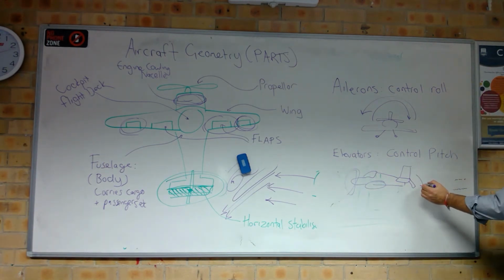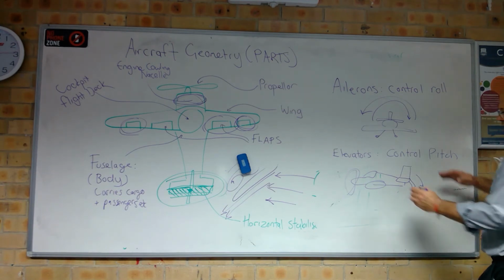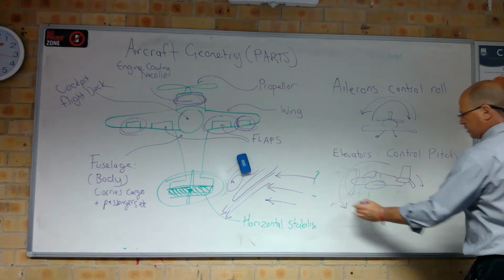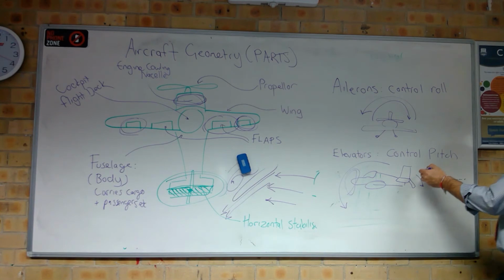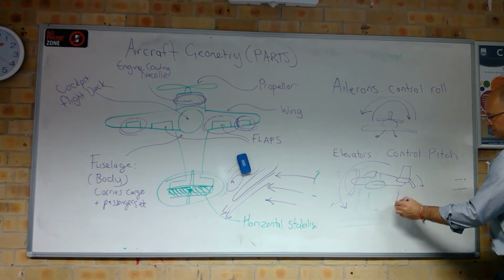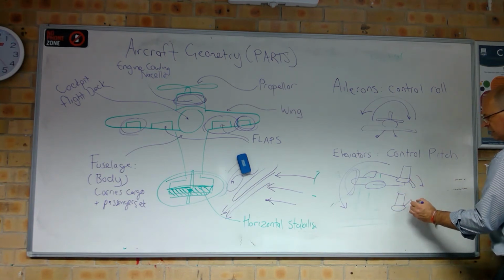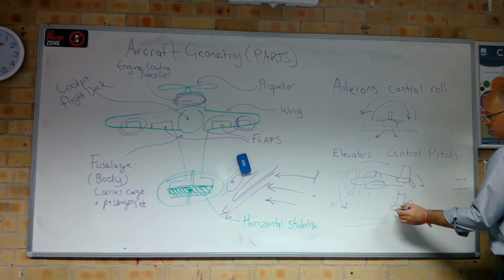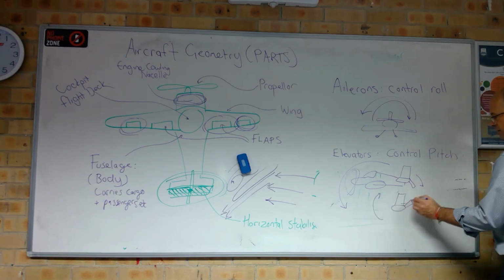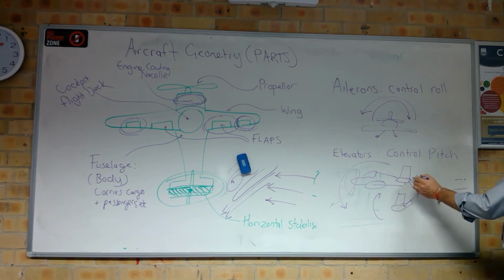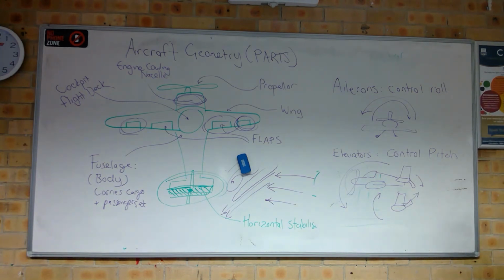If this is going down, okay, it's going to increase lift and the aircraft is going to pitch down, okay. If it goes up, like that, the aircraft is going to pitch up, okay, because the airflow is going to do that. Okay, so that's elevators controlling the pitch.